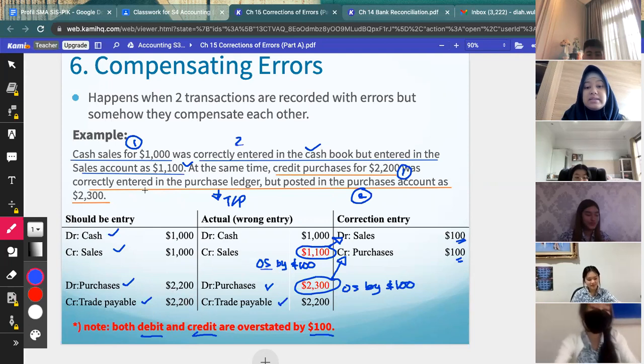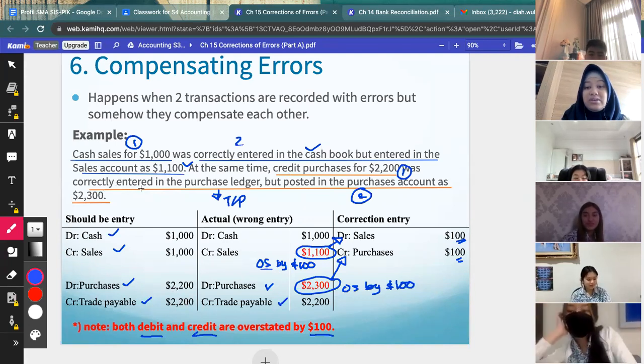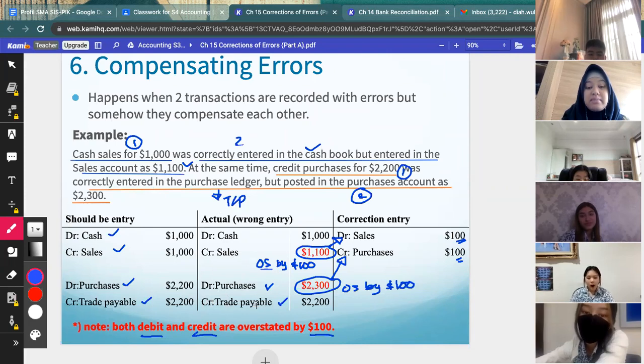But let's see the second sentence. It said correctly entered in the purchase ledger. Okay, correctly entered in the purchase ledger means you made a correct entry in the trade payables. So when you make the actual, debit is purchases, credit is trade payables.